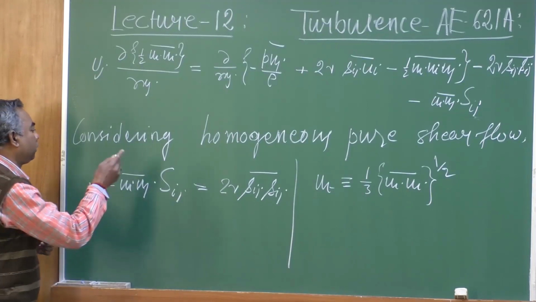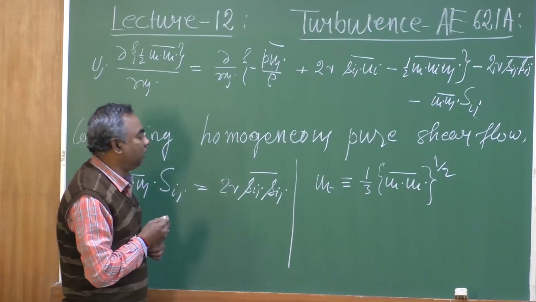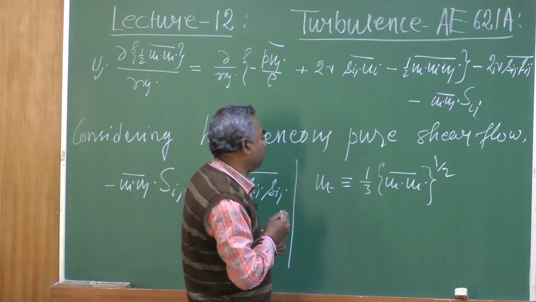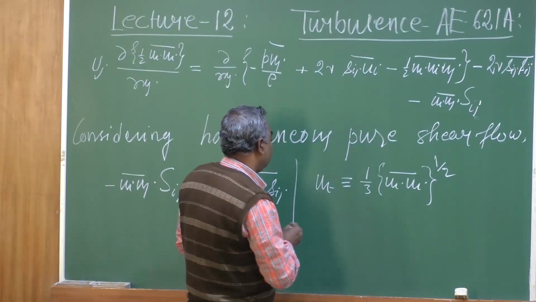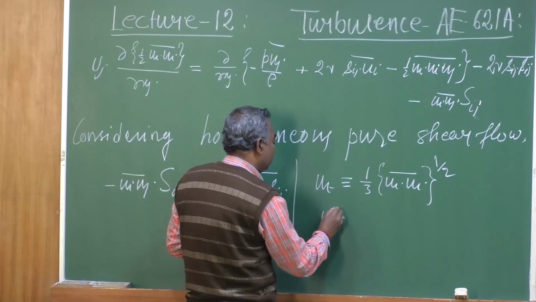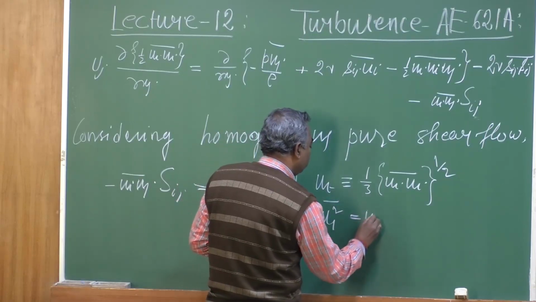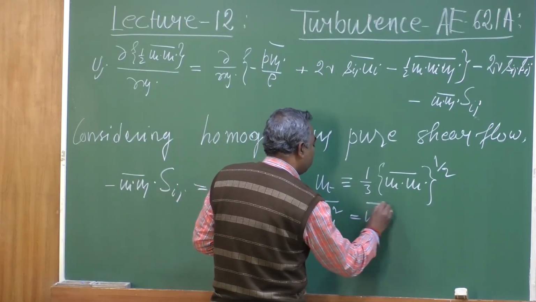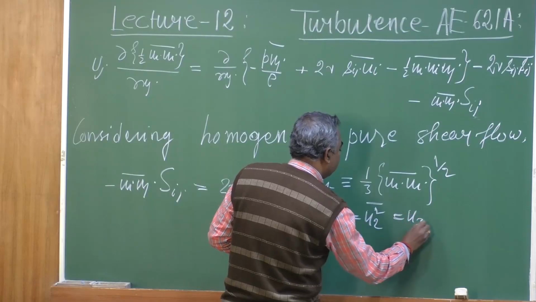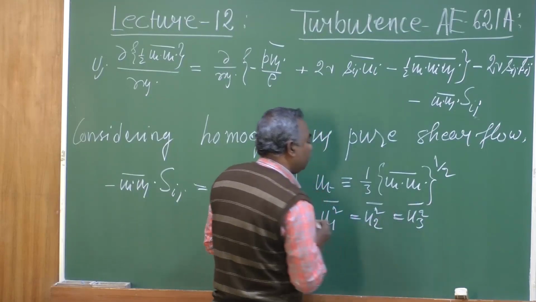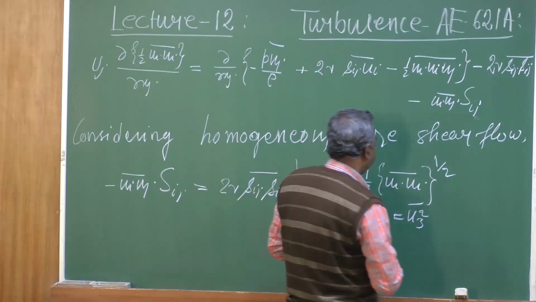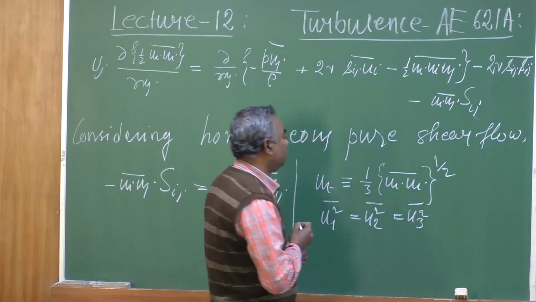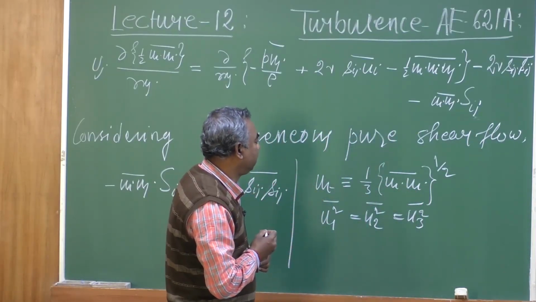Based on that, if the flow is homogeneous and isotropic, and isotropic means u1 square bar is equal to u2 square bar equals u3 square bar, then what do we get?